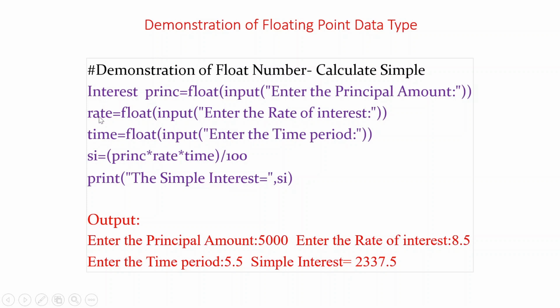So all three values are floats: principal amount, rate, time. So you have to calculate here the SI, that is your simple interest. The formula for simple interest is principal amount multiplied by the rate multiplied by the time, divided by 100. You are going to display this output on the screen by using the print function.